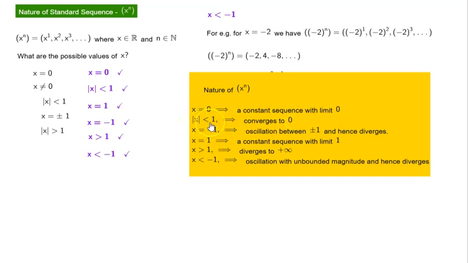Magnitude of x less than 1, converges to 0. x equal to minus 1, oscillation between plus or minus 1 and hence diverges. x equal to 1, a constant sequence with limit 1. x greater than 1, diverges to plus infinity. x less than minus 1 implies oscillation with unbounded magnitude and hence diverges. That was nature of standard sequence x to the power of n.